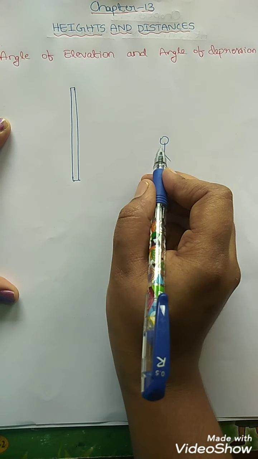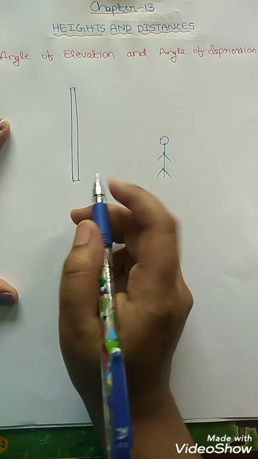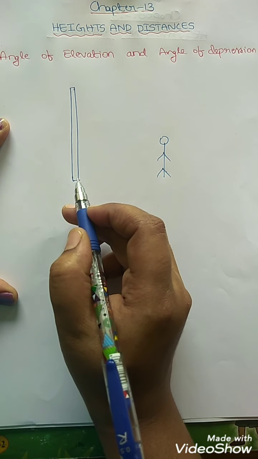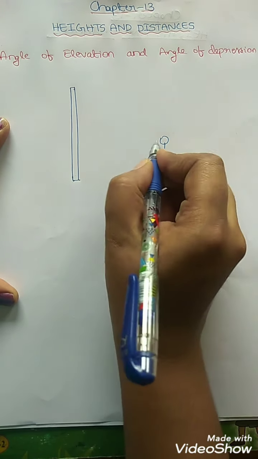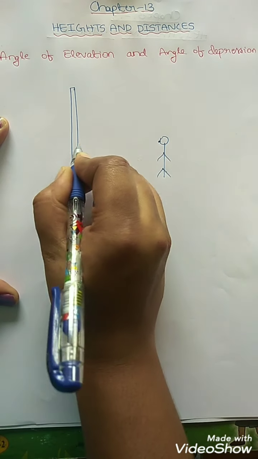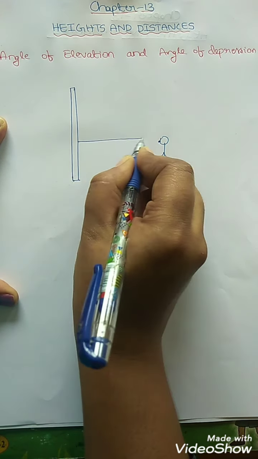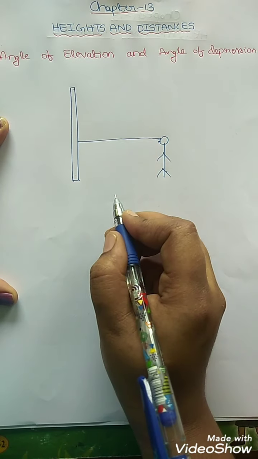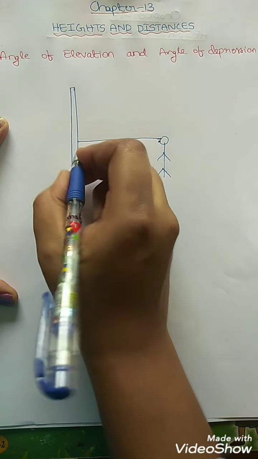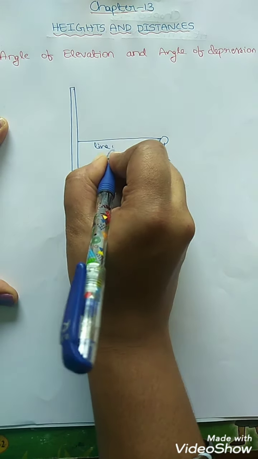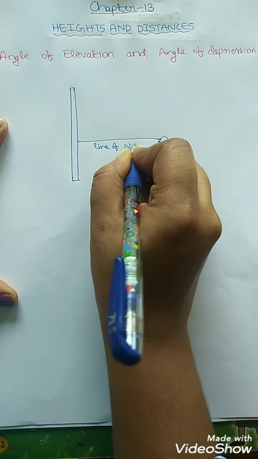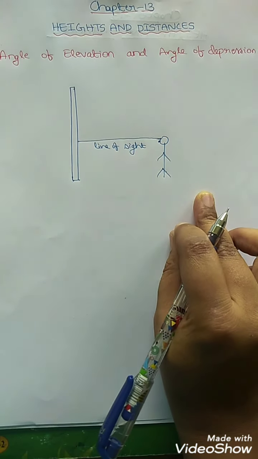The line drawn from the eye of the person to a point at the pole is called the line of sight.